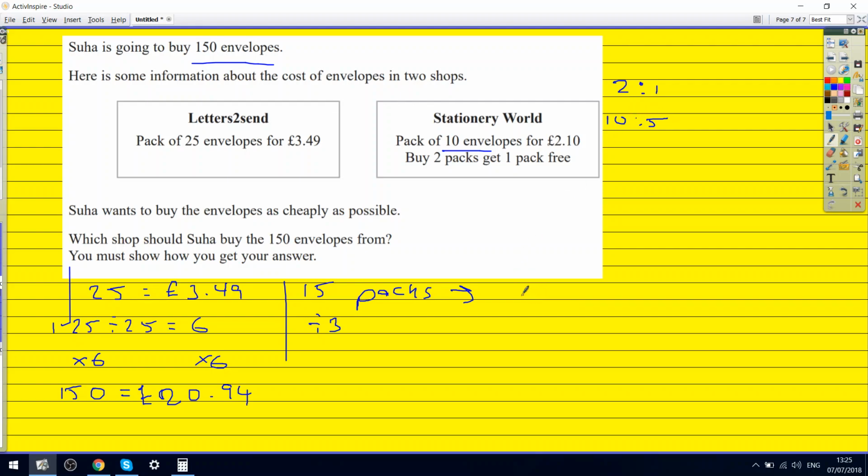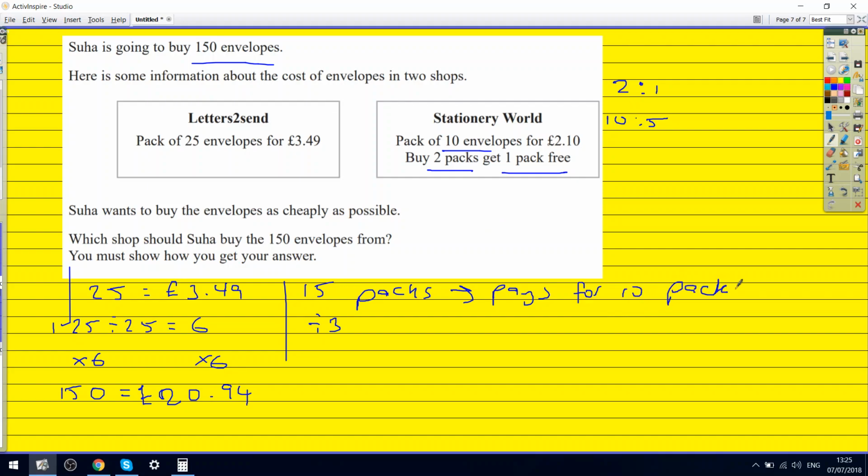So how many packs does she pay for? How many does she get free? 10 to 5. So she pays for 15 envelopes. No. Wait, I'm confused. She pays for 10 packs and gets 5 free. It's basically 2/3 she pays for, 1/3 she doesn't pay for.